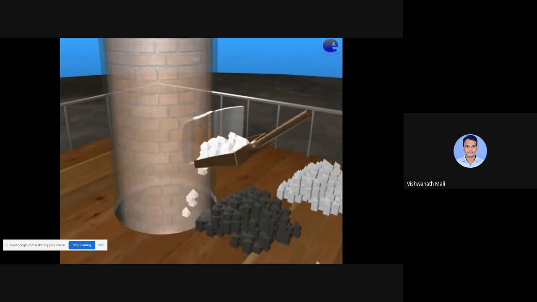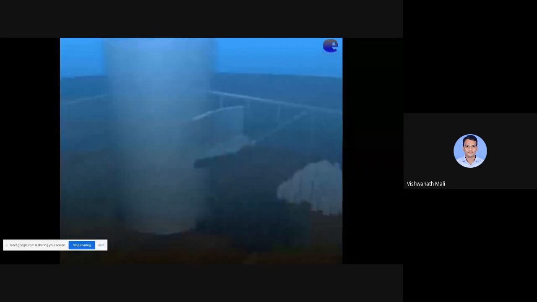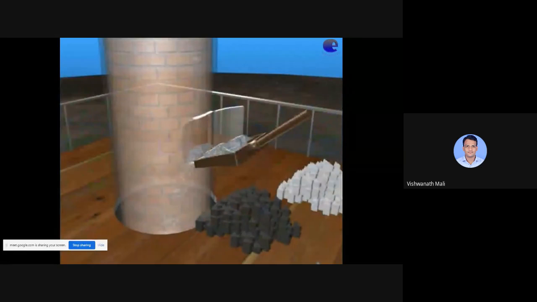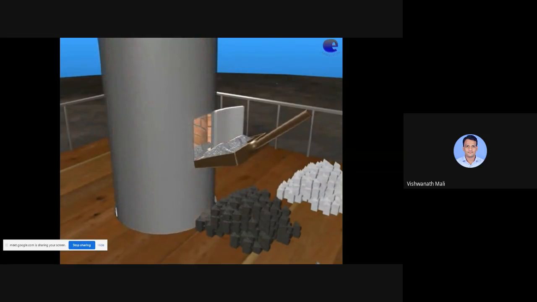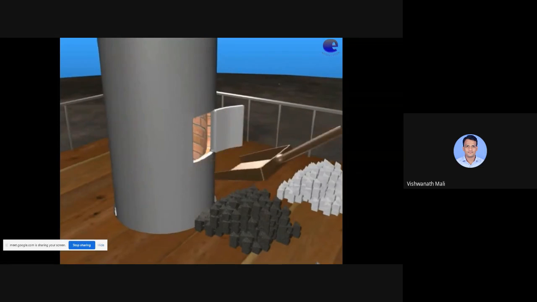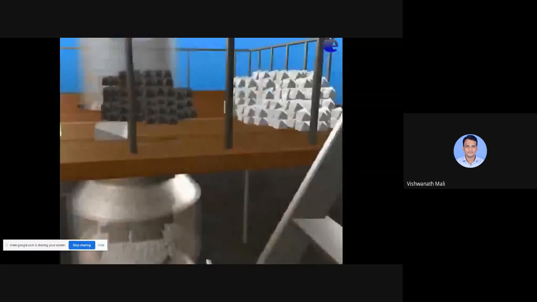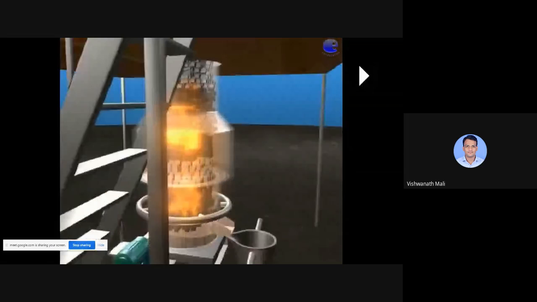So what compositions are required, according to that, we supply this. Now it is charging the furnace. Once we charge, we close the door.